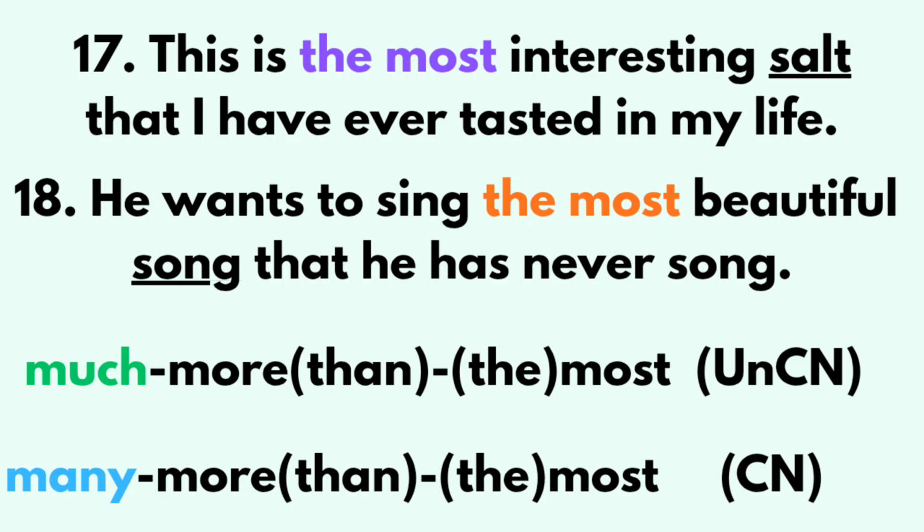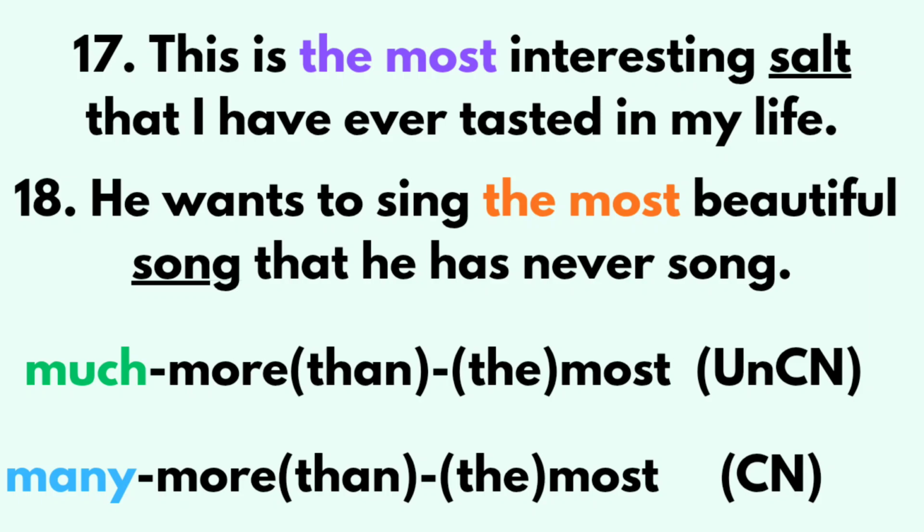For example, I want to take the quantifier many and the noun water. I can say many water. No, it doesn't make sense, right? Many books. Now it makes sense. Many books. How many books? Many books. That's how you can identify countable and uncountable nouns with quantifiers, right?